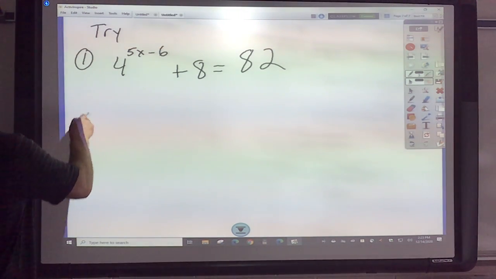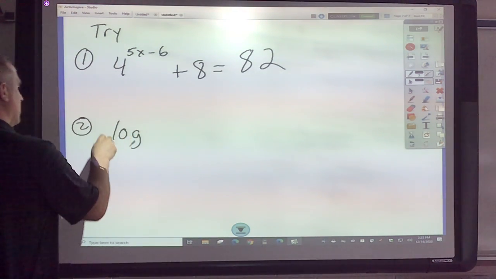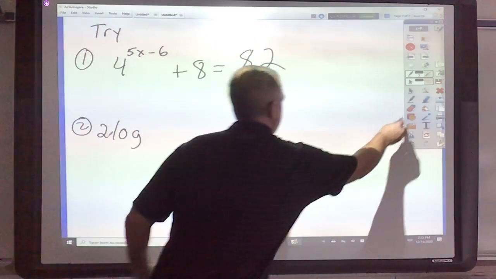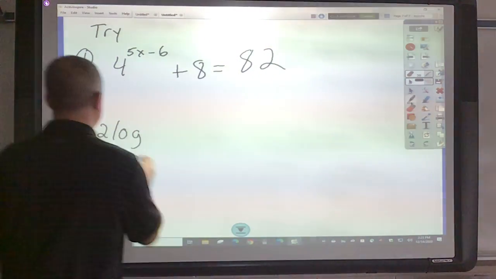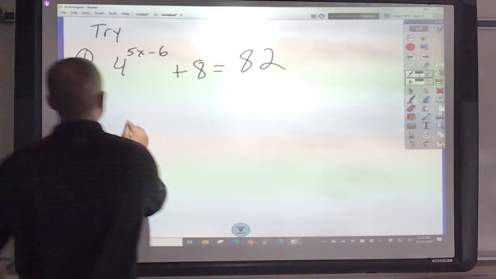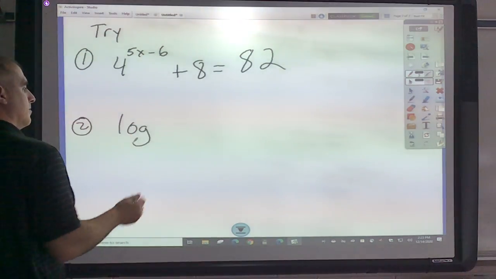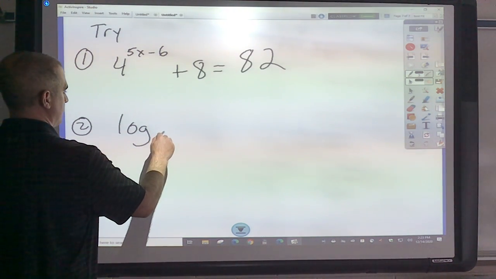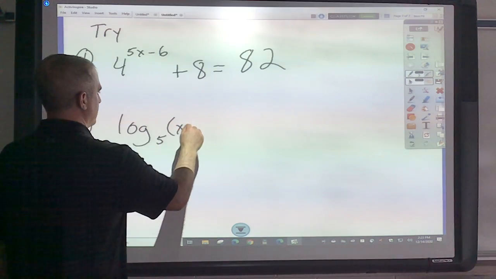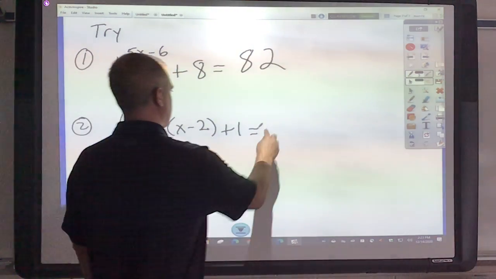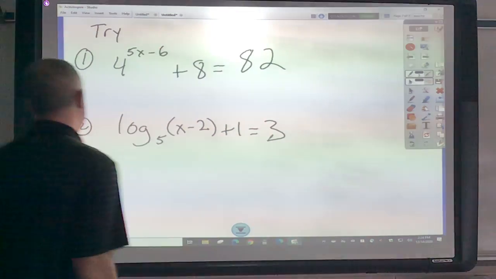Then log base 5 of x minus 2 plus 1 equals 3.